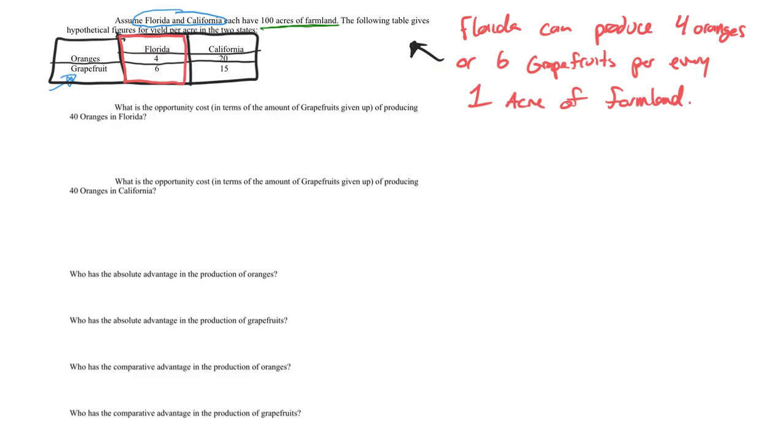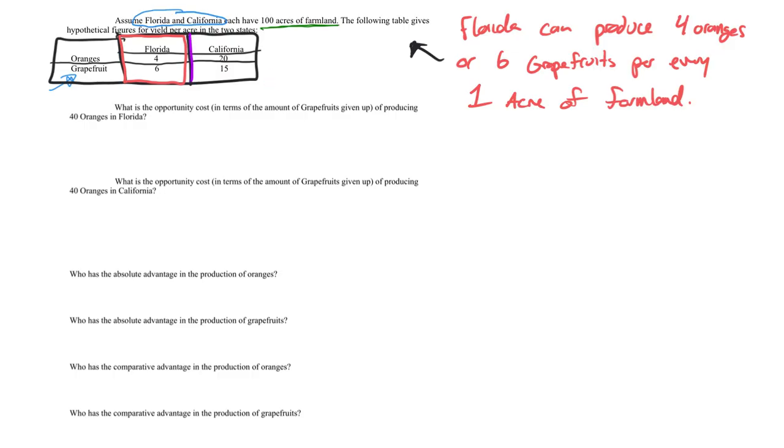Meaning that California can produce 20 oranges or 15 grapefruits for every single, right? It says per acre up here, for every acre. Again, what I always want you to do, before you even start to answer any of these questions, is make sure you truly understand the information that's presented to you and how you can read the data.